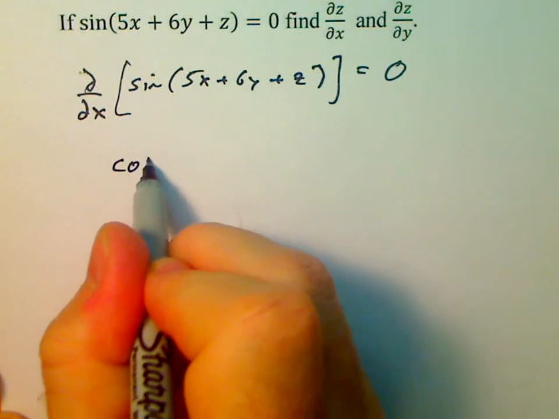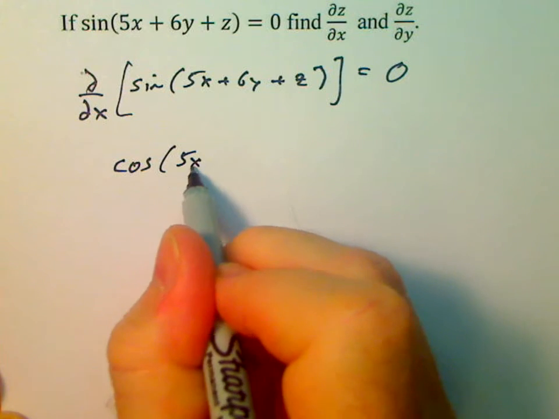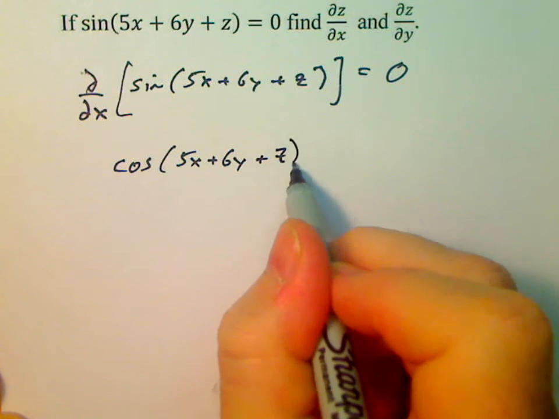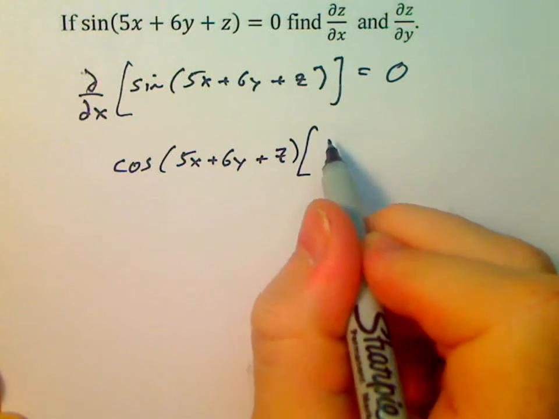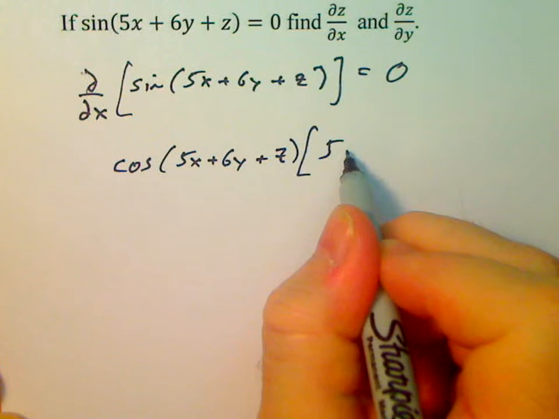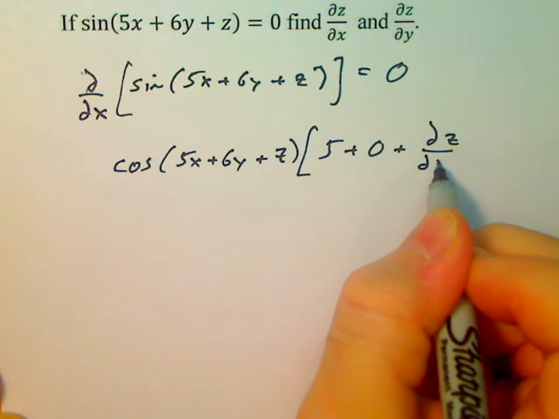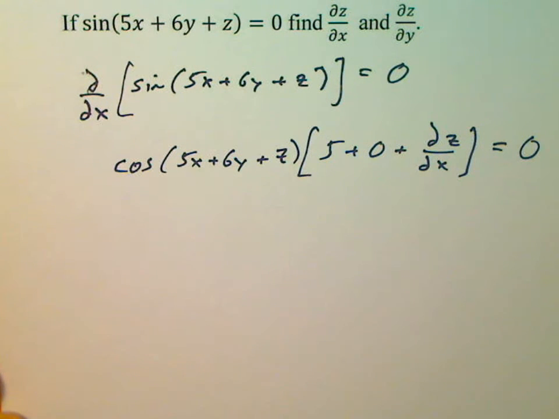So this is going to be a cosine of 5x plus 6y plus z times, and then partial with respect to x here, I'm going to have a 5 plus 0 plus partial z with respect to x is 0.